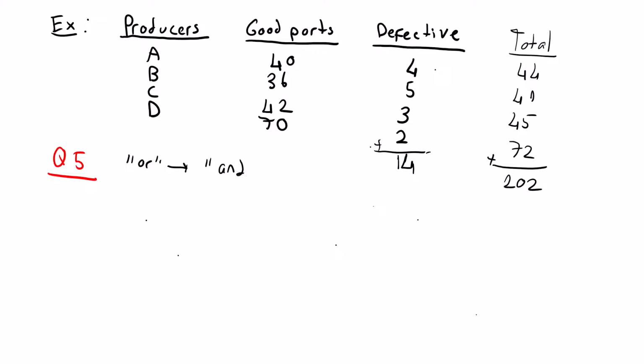This time we'll use the AND term to solve more problems on probability, and this will also help us understand the difference between using the AND term versus the OR term. Okay, so let's work on an example.